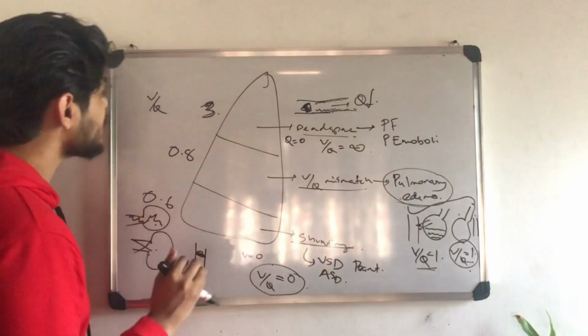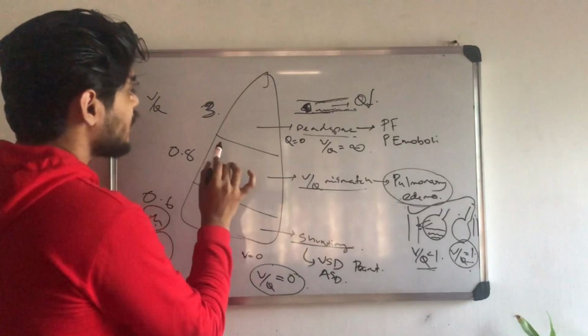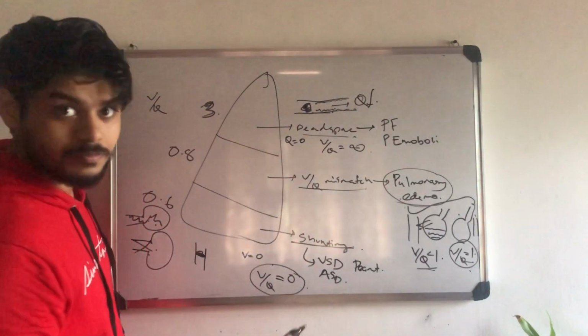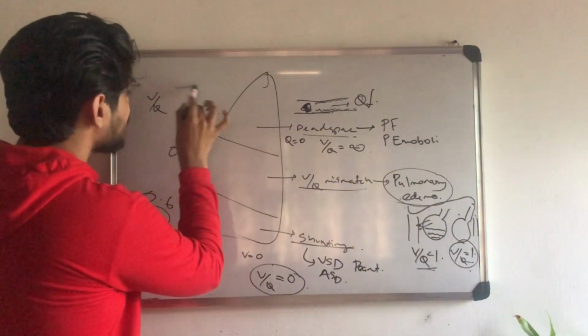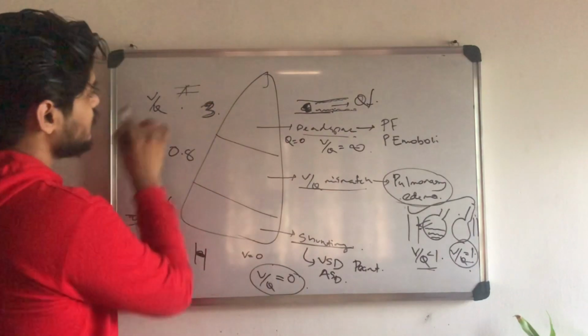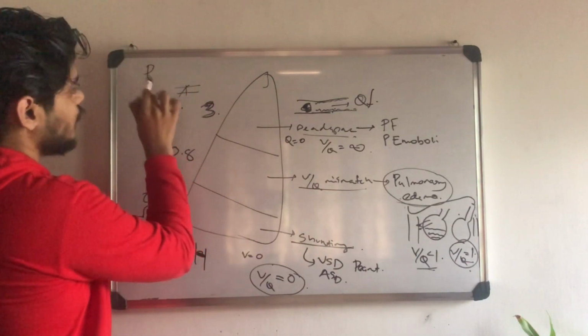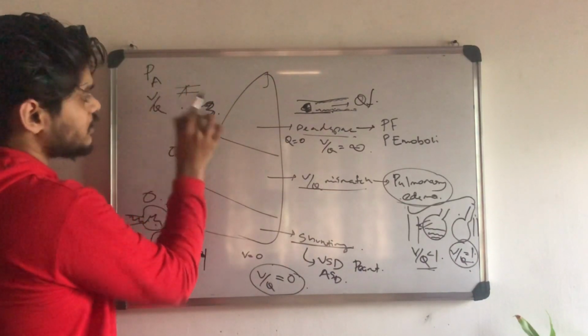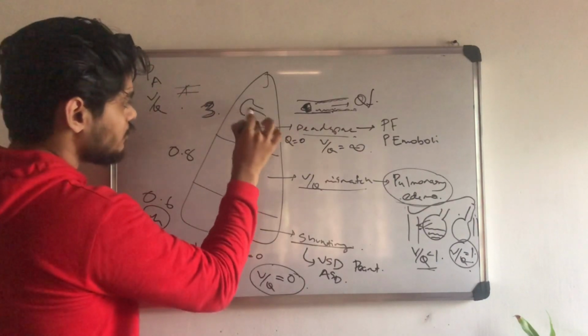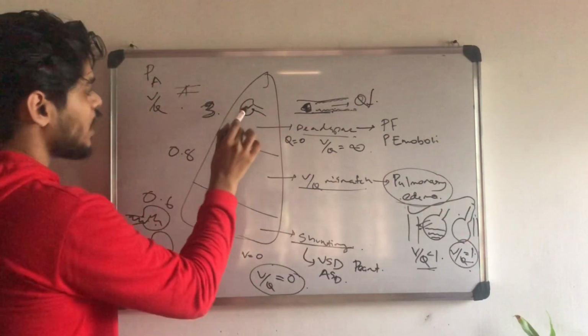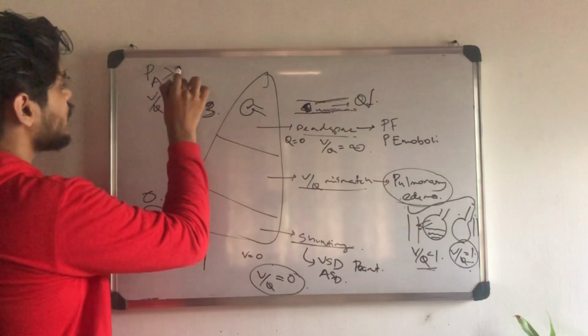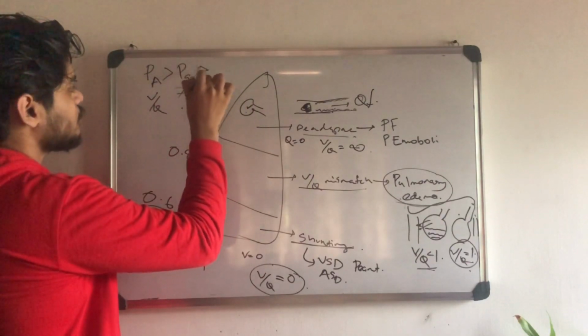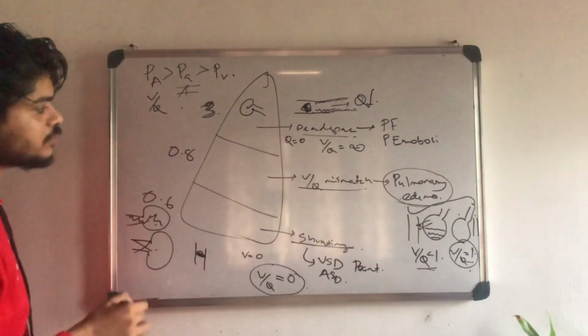Anyway, the next topic is partial pressures. Here we said there is something wrong with the blood vessel, right? So here the alveolar pressure will be more. Alveoli is working perfectly. So alveolar pressure will be more than arteriolar partial pressure, more than venous partial pressure.